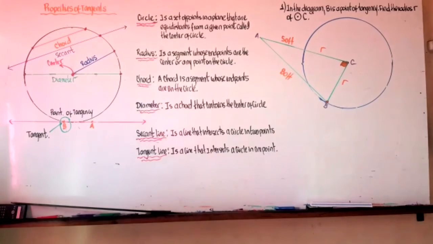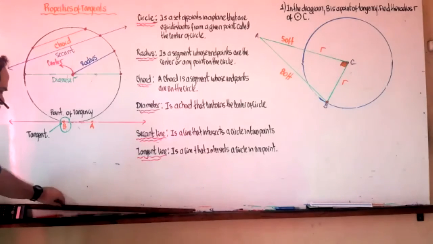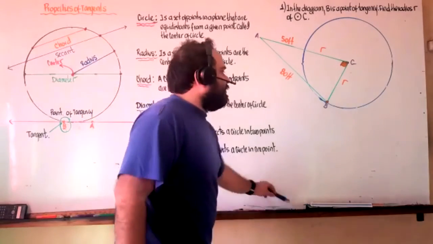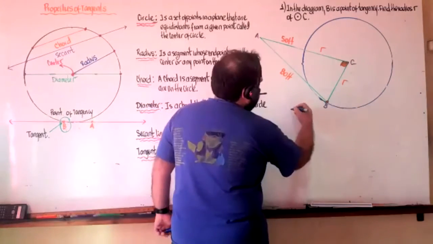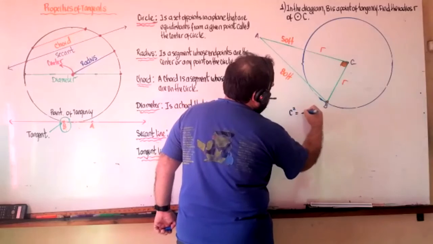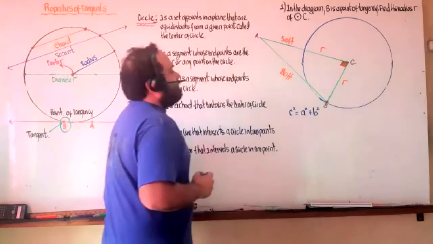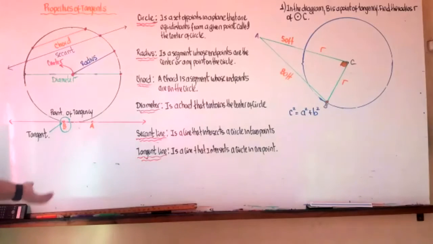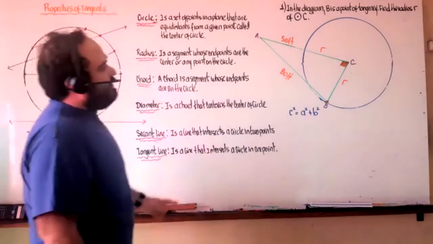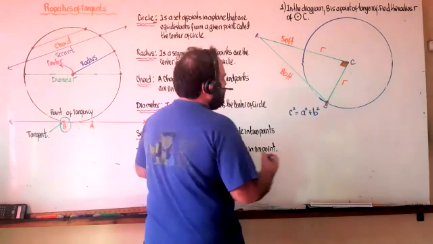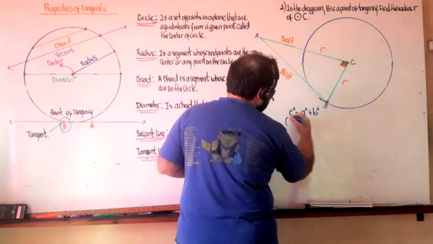Remember, guys, to find it we must apply the Pythagorean theorem. C squared equals A squared plus B squared, where C is the hypotenuse, the side located in front of the right angle. In this situation it will be 80 feet.